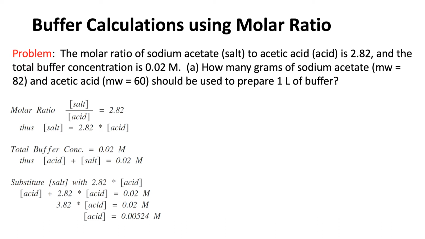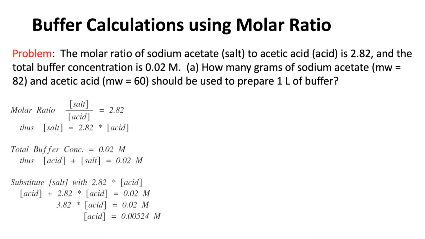That equaled the molar concentration of the salt, the sodium acetate, over the molar concentration of the acid, the acetic acid. Let's solve for one in terms of the other, because we can't have both. We can rearrange that to say the salt concentration is equal to 2.82 times the acid concentration. That'll be important, and you'll see why.